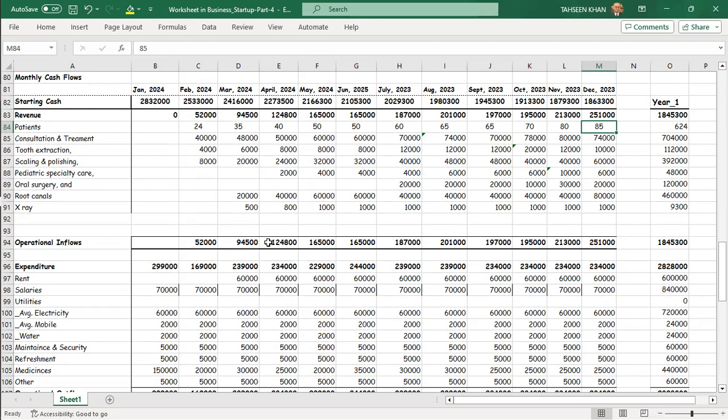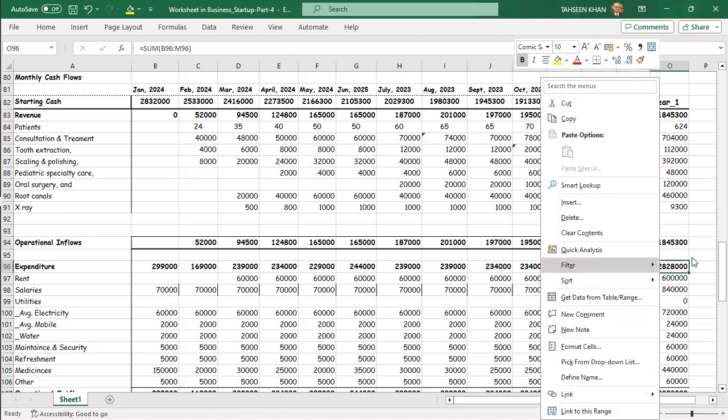On the basis of this assessment, our first year revenue comes to 1,845,300.